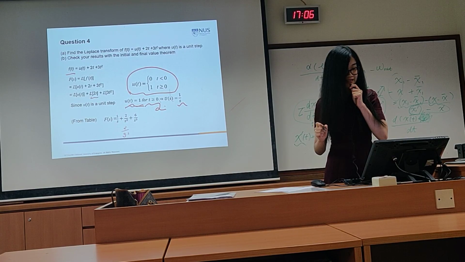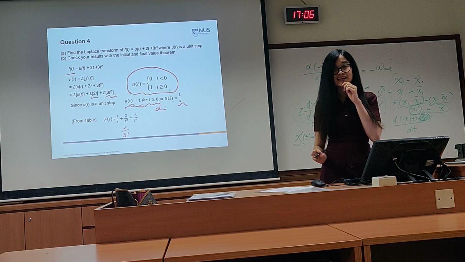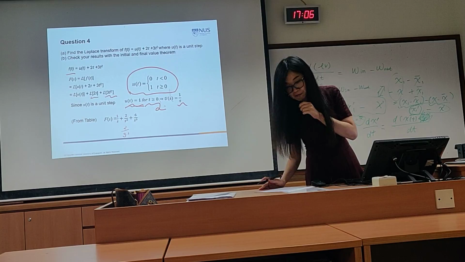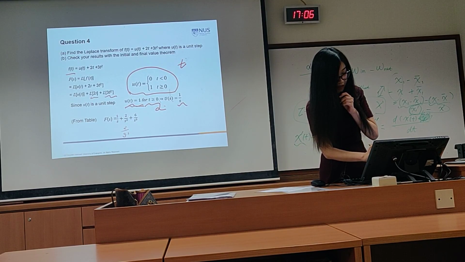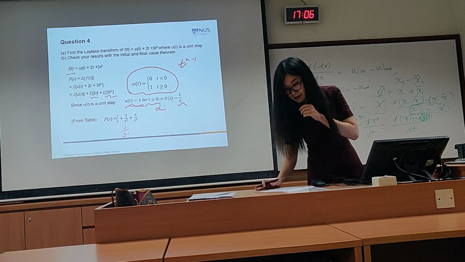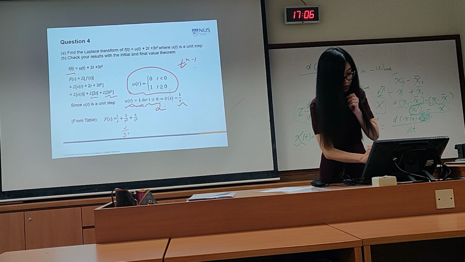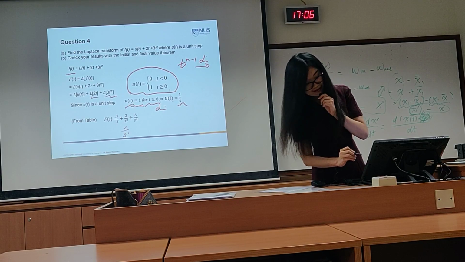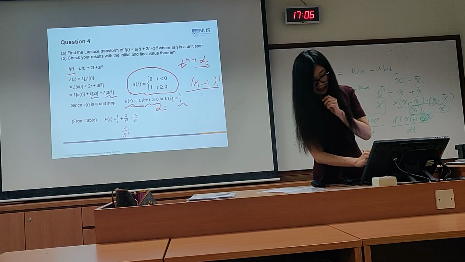Okay, and then the last term, 3t squared, this is a second order. I can still find my corresponding transform because we have the fixed format: if I got my time domain to be t to the n minus 1, then my Laplace transform can be directly found from the table following the specific format written here.